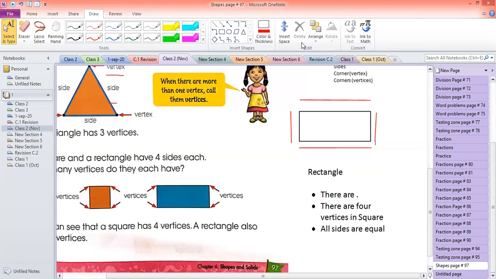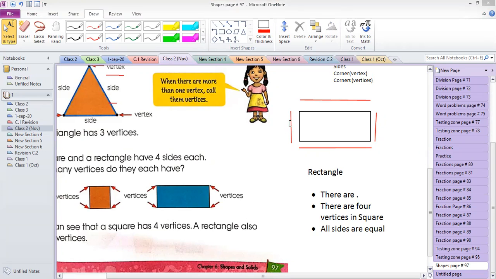So guys, how many sides are there for a rectangle? Four. There are 4 sides of a rectangle.